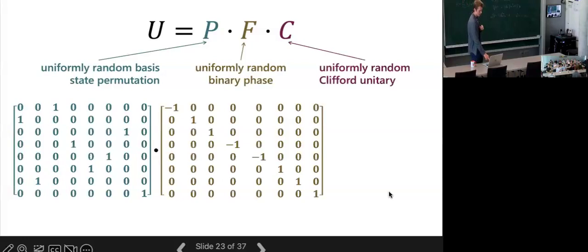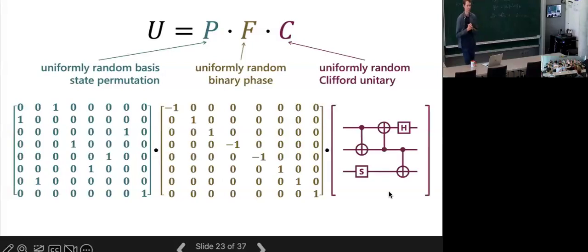And then you multiply that with a uniformly random Clifford unitary, so a unitary that is only made up of Clifford gates. Firstly, this only uses classical randomness, essentially. The basis state permutation and the binary phase are classical randomness. The only quantum randomness left is a uniformly random Clifford. But the Clifford group is really tiny, so this is a very small amount of randomness, and we're not really going to care.